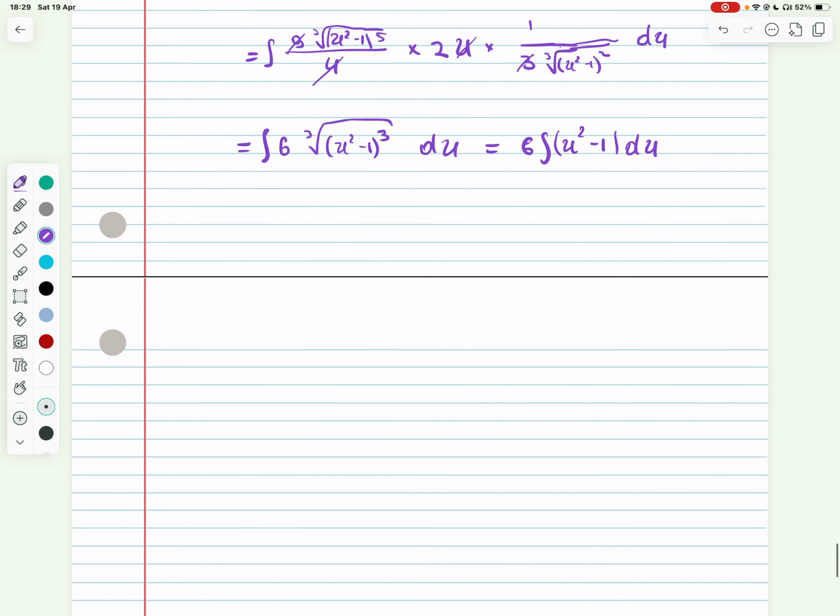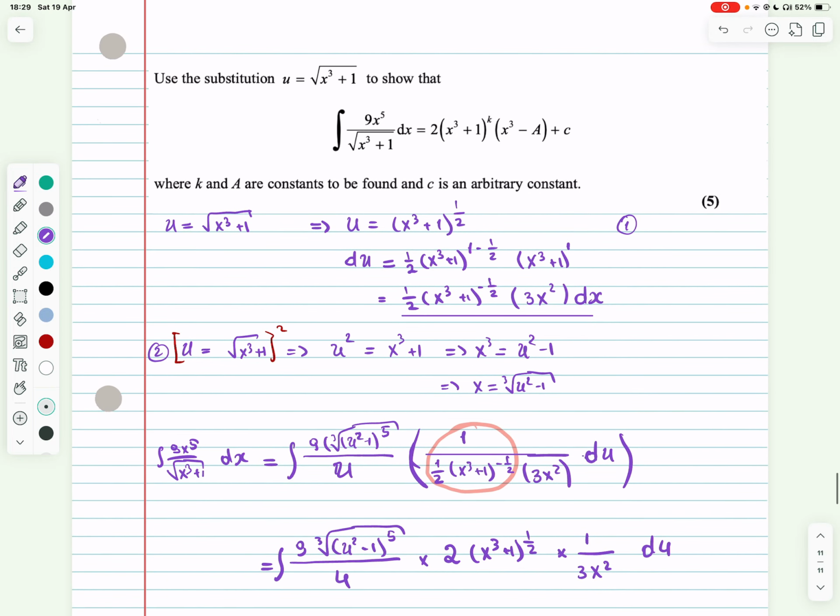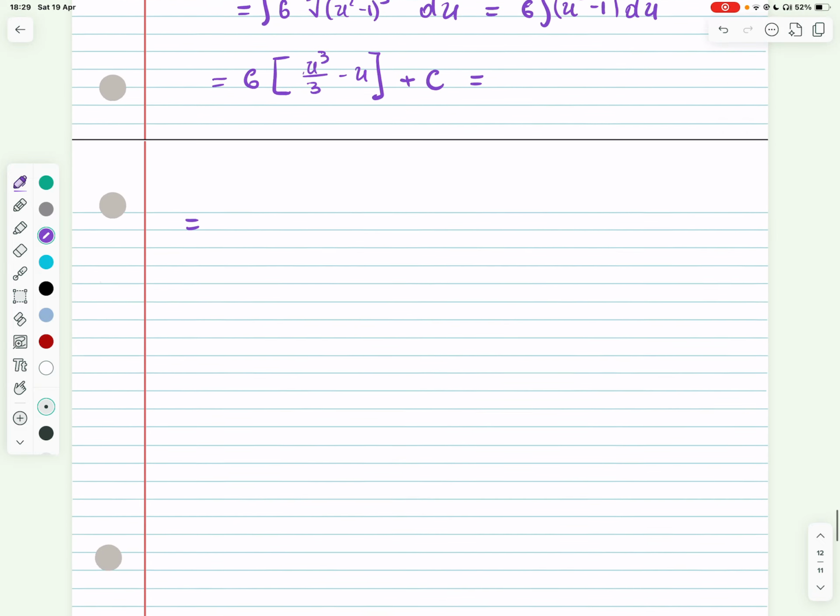Okay, all I have to do now is integrate this. That's going to be 6 multiplied by u cubed divided by 3 minus u, and there will be a plus c. So remember that u is the square root of x cubed plus 1.